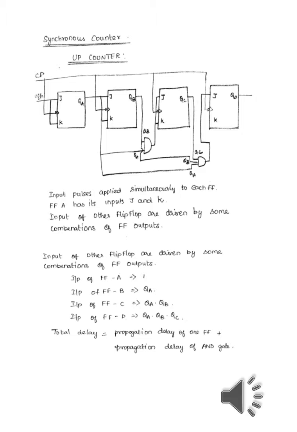Here J and K are connected to logic 1. JB and KB are connected with QA. JC and KC, the third flip-flop, are connected with QA into QB. And the 4th flip-flop, JD and KD, are connected with QA, QB and QC. So this is the way. Draw the diagram and then we have to draw the truth table.